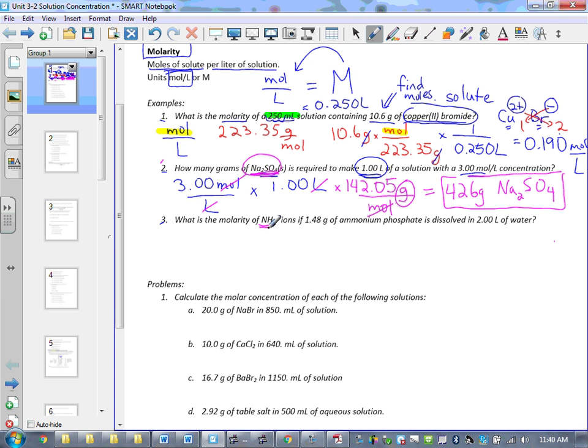So here, that's what we're going to do. What's the molarity of ammonium ions if 1.48 grams of ammonium phosphate is dissolved in 2 liters of water? We got to get rid of the phosphate somehow. So first, we're going to figure out our moles per liter of ammonium phosphate.